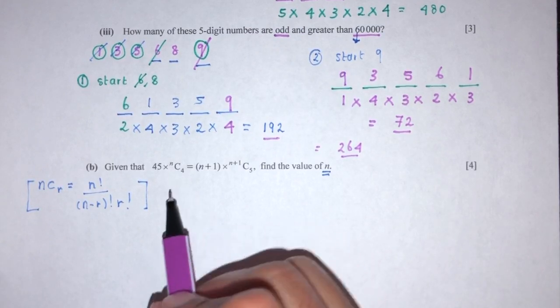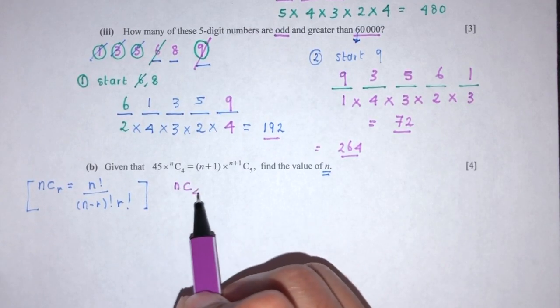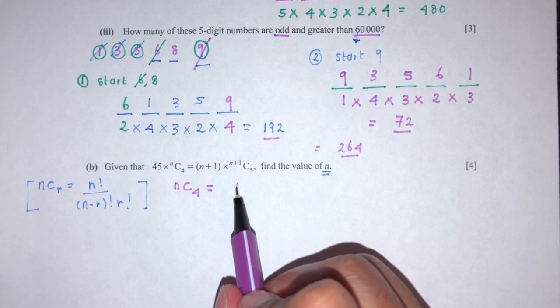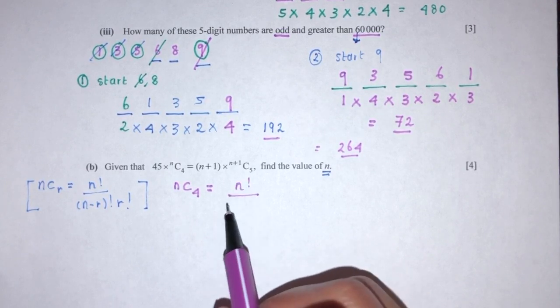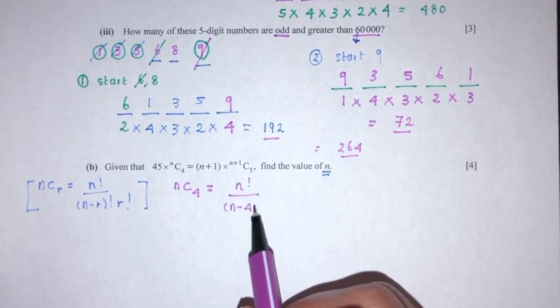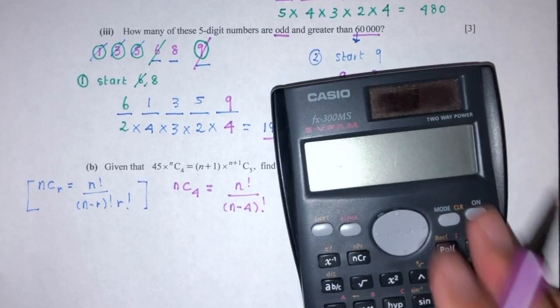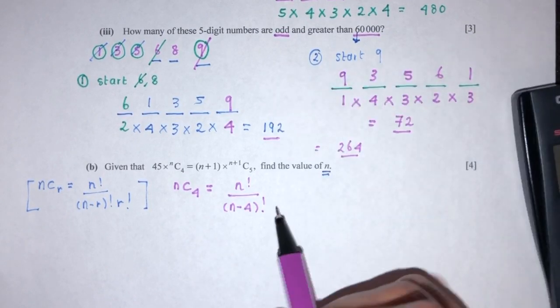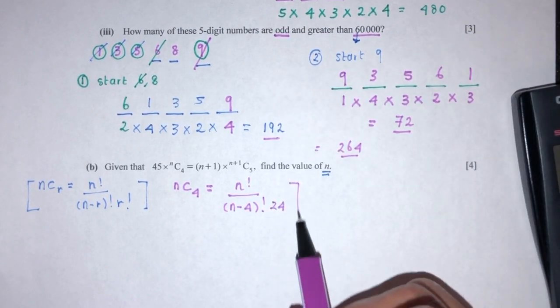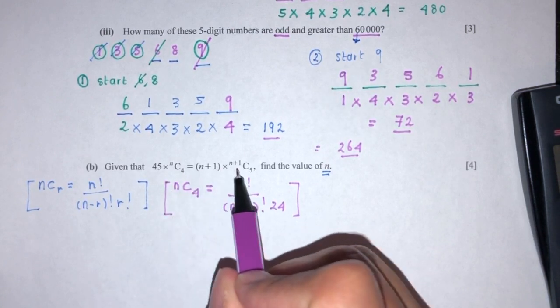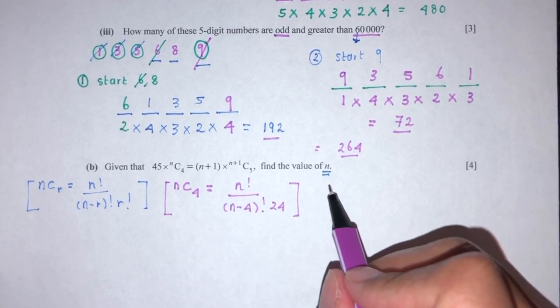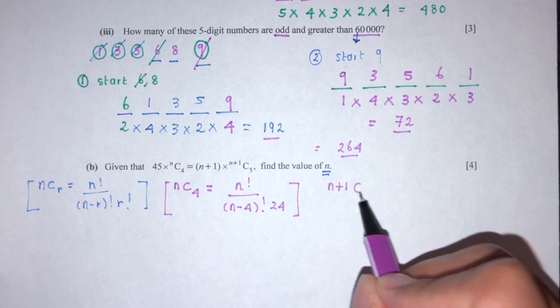For example, what is n combination 4? That will be n factorial over n minus 4 factorial times 4 factorial, and 4 factorial is 24. That is this one. How about this one? Oh, this one, actually. We have n plus 1 combination 5.